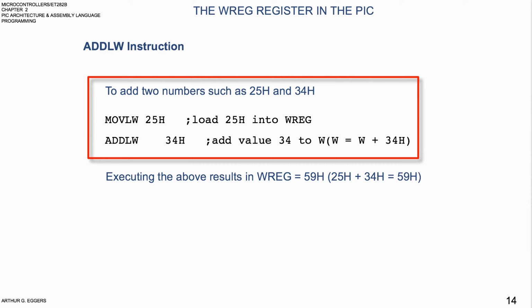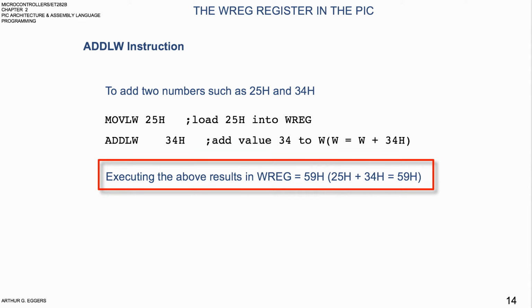Okay, so we've loaded that. Now we're going to give it the instruction to add 34 hex to that. So we're going to take the 25 that's already there, add 34 to it, and when we're done, we end up with 59 in hex.